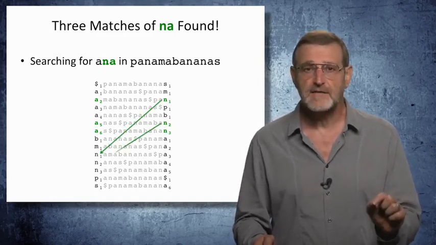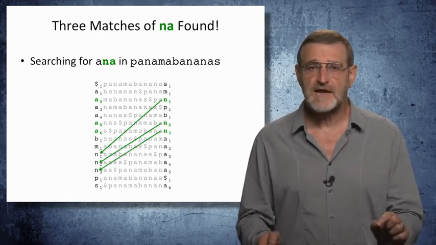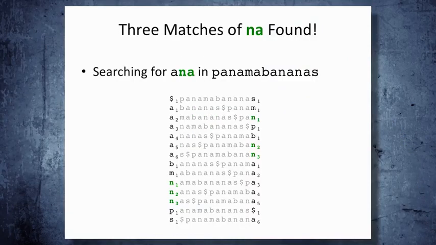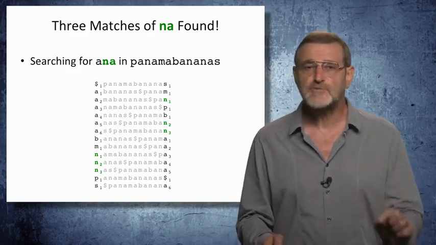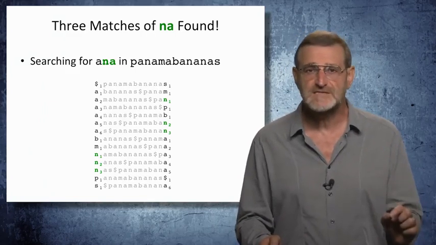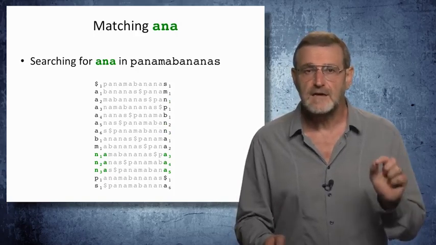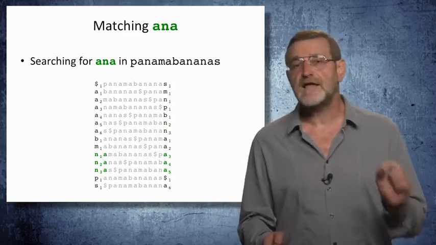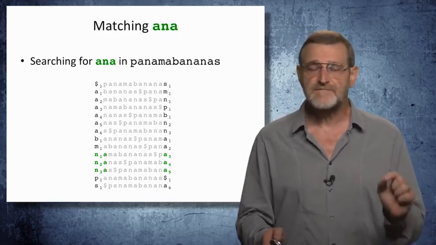So let's move there, and we know where A6 is located in the first column, so let's move to this position of A6. A6 in the first column corresponds to N3 in the last column. And we know where N3 is located in the first column, so let's move here, and we'll continue moving through the matrix according to the first-last property, and slowly but surely we will be spelling our original text.